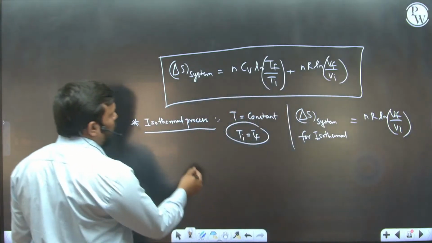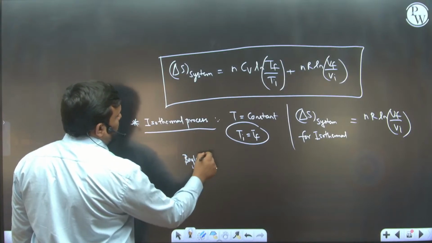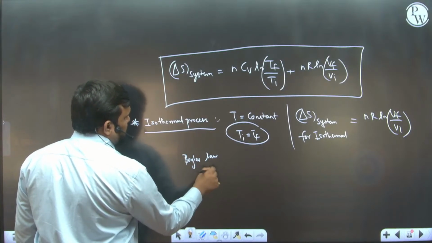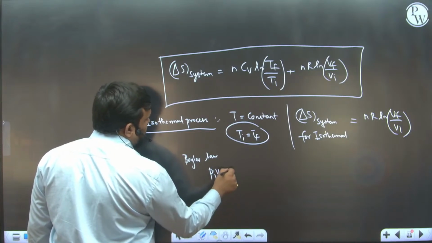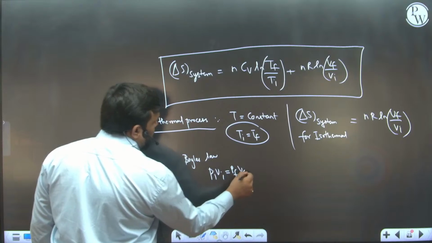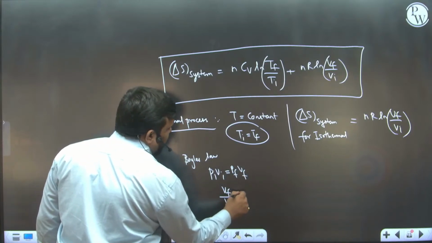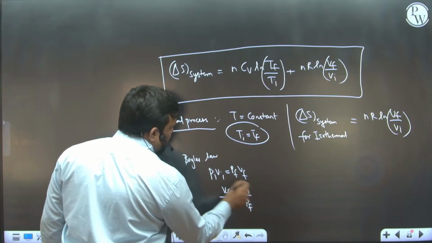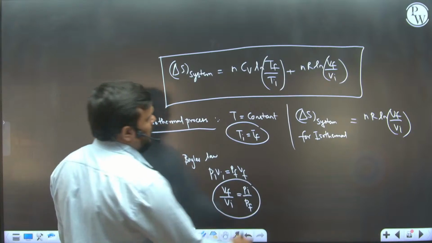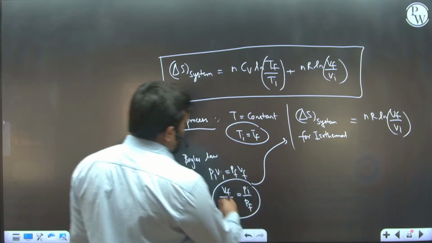And as I told you already, we are having Boyle's law over here for isothermal. Boyle's law says P initial V initial is equal to P final V final. So instead of V final upon V initial, we can have P initial upon P final. This is a PYQ question they asked. So let us see the PYQ question after this.